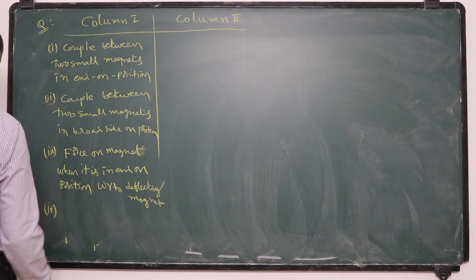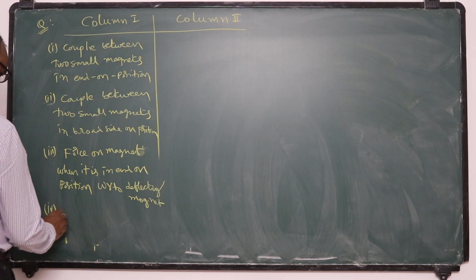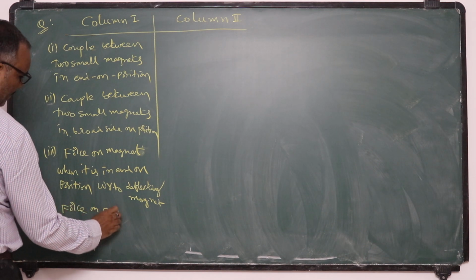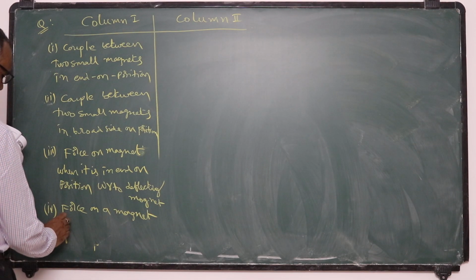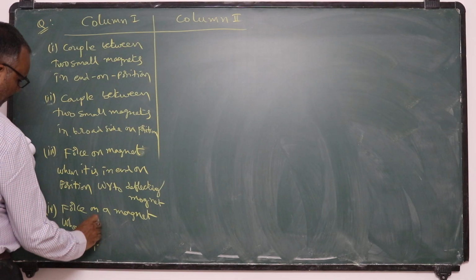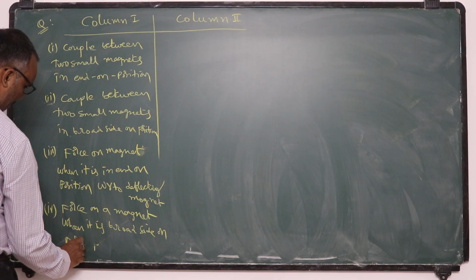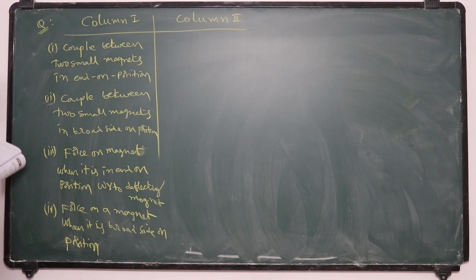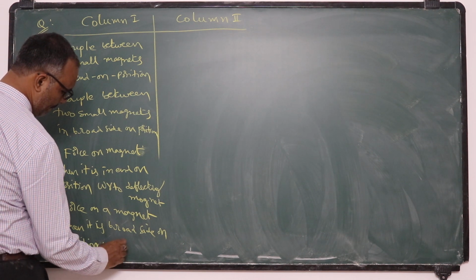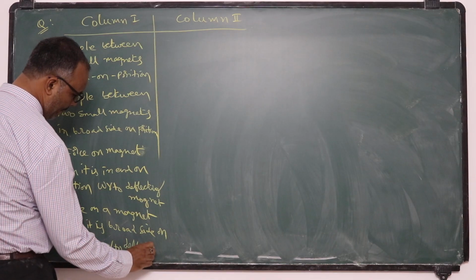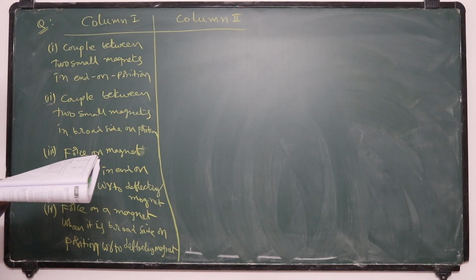Fourth option: force on a magnet when it is in broadside-on position with respect to deflecting magnet. This is the left side column terms.